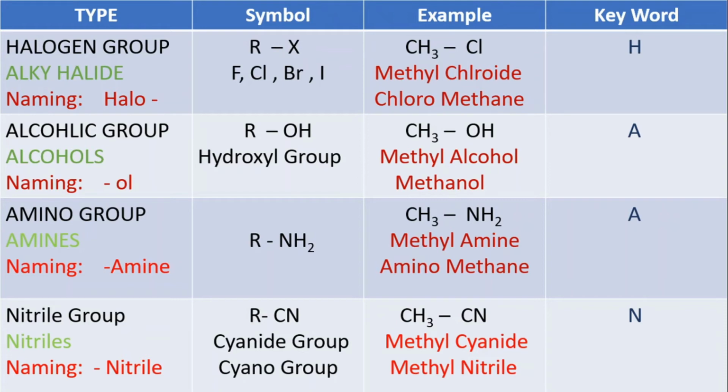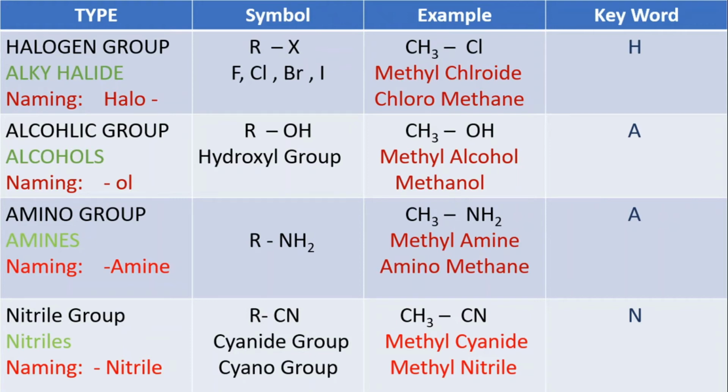After studying some simple functional groups, now I will move towards some not very complex, relatively different functional groups. The first functional group in this category is halogen group. Halogens include fluorine, chlorine, bromine, and iodine.